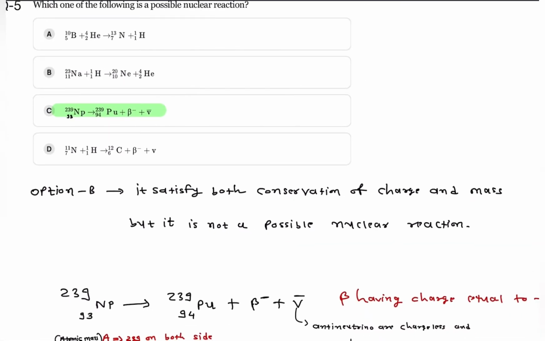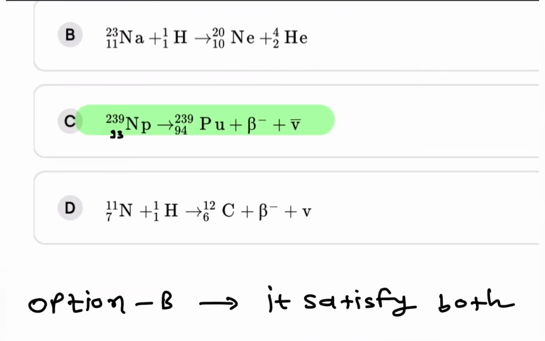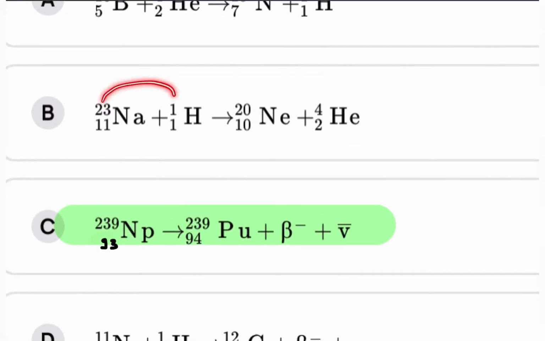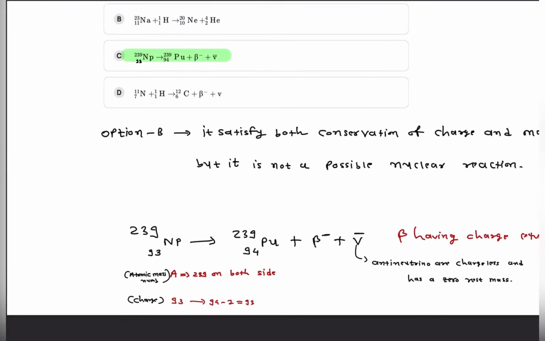It satisfies the conservation of mass number and also follows the principle of conservation of charge, because the total atomic mass number on the reactant side is 24, and on the product side the number of nucleons is also 24. The number of protons, 11 plus 1, is 12, and here also 10 plus 2 is 12, so it is a possible nuclear reaction process.